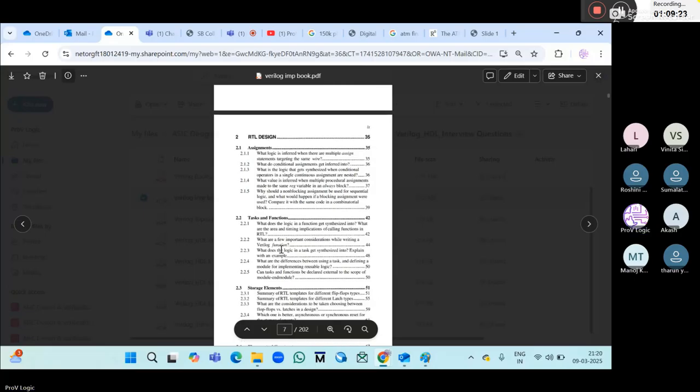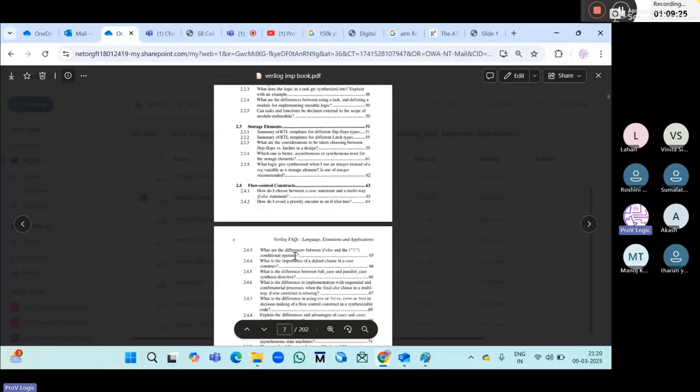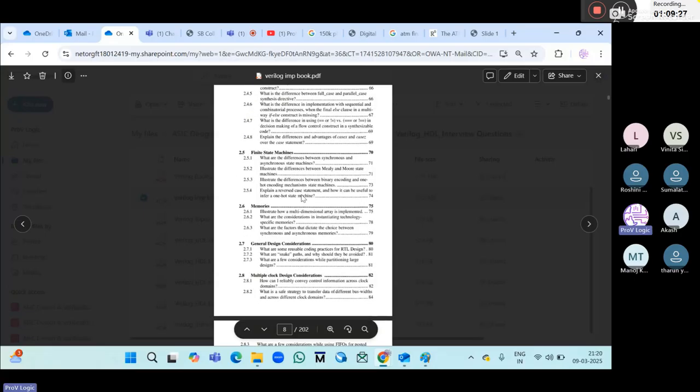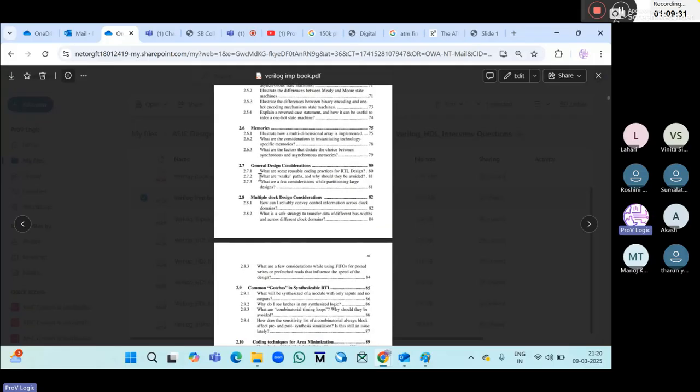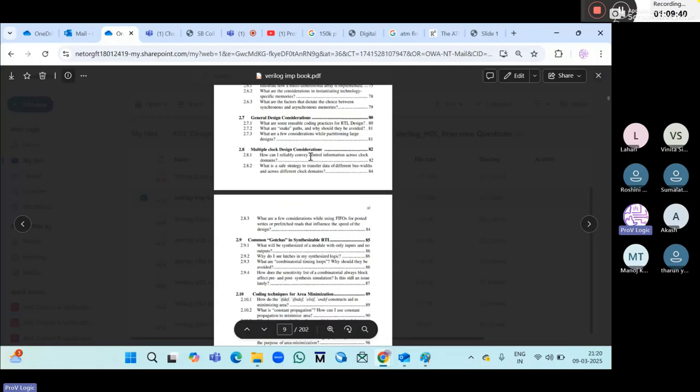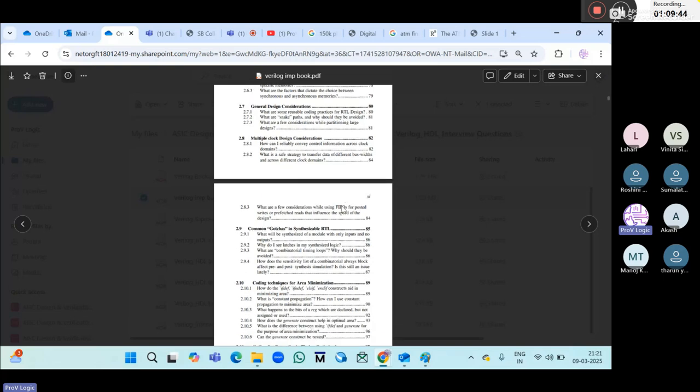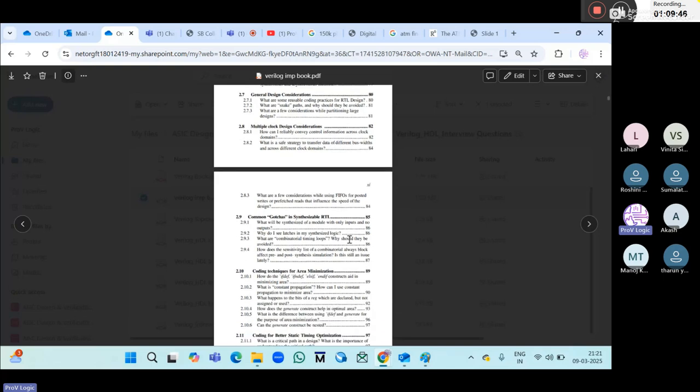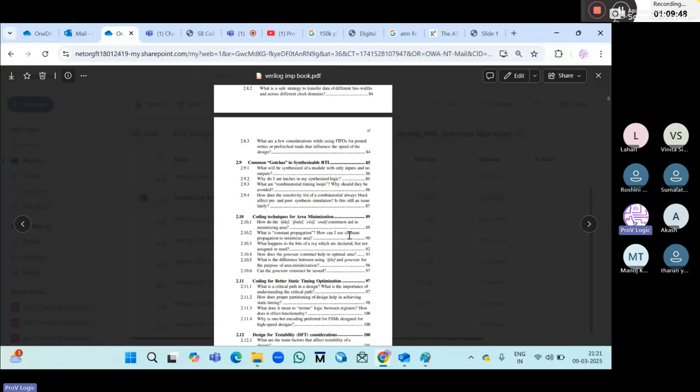Assignments, tasks and functions, storage elements discussed, flow control constructs discussed, finite state machines we will discuss, memories also, and general design considerations like setting the path, RTL design practices we already discussed, multiple clock design considerations. We already discussed generating the clock, and FIFO we will discuss in the next session.